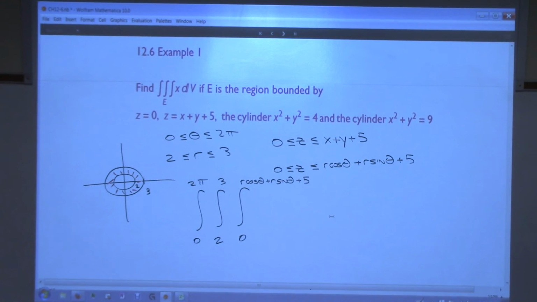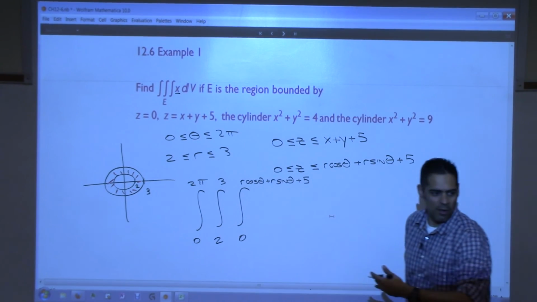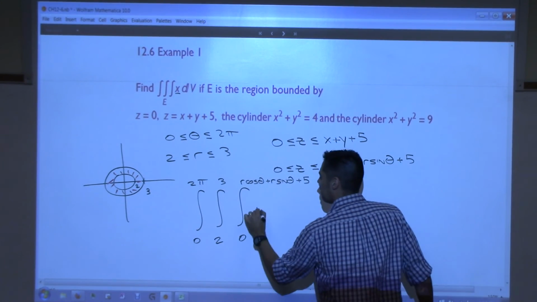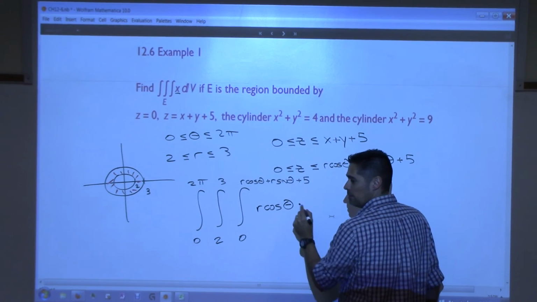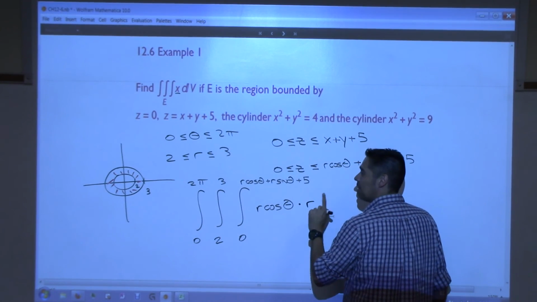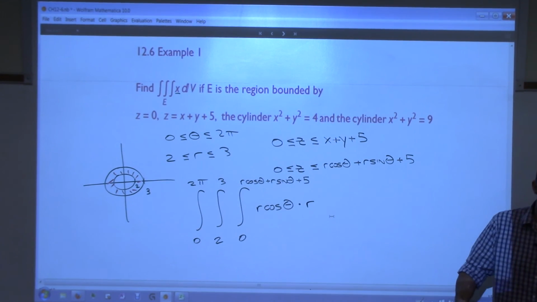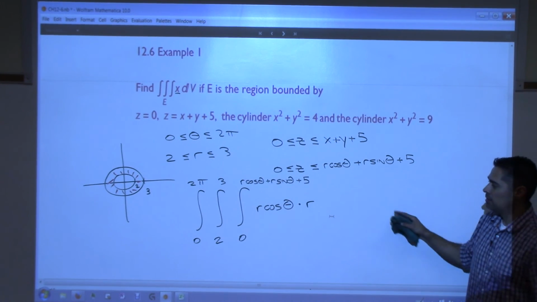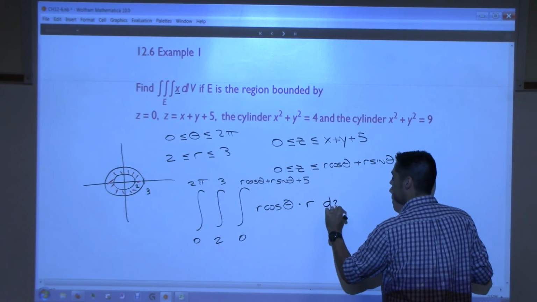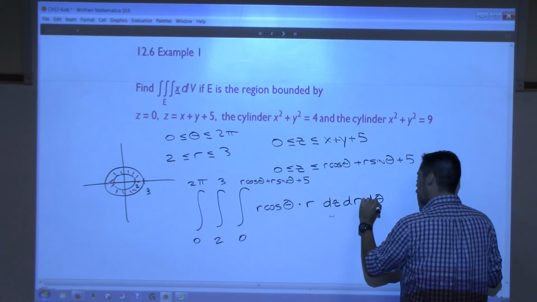What am I integrating? x. But what's x? I have to convert. r cosine theta. That's it. And then r, because I went to polar, I went to cylindrical, which is the same as going to polar. You must have the r in there. And now what are your things out here? dz, dr, d theta.